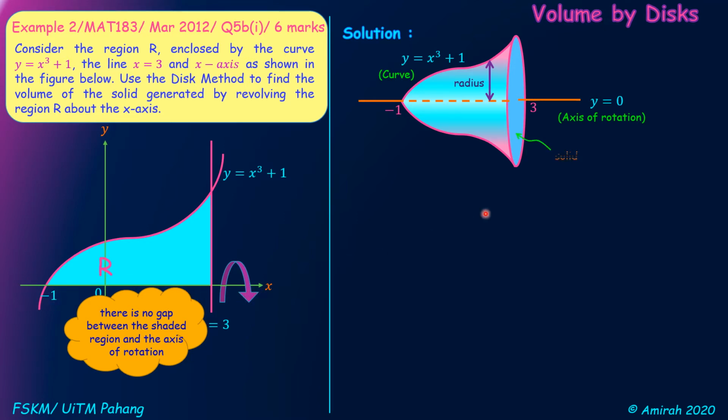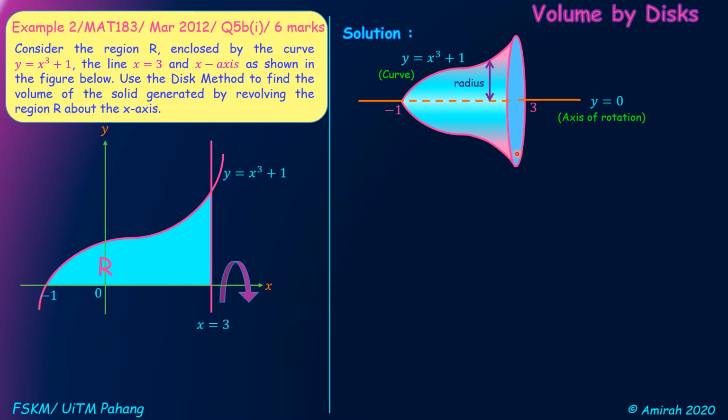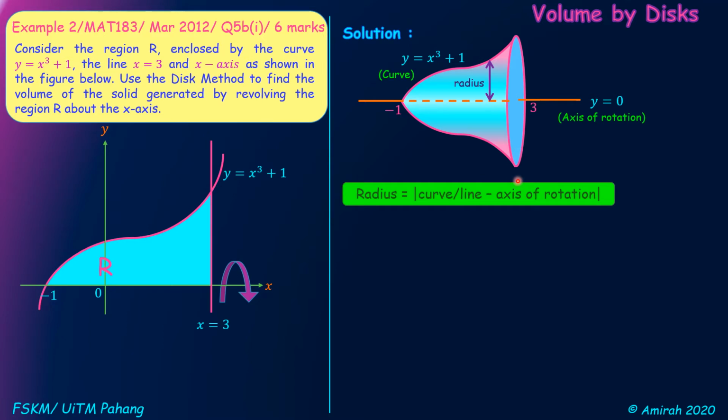So we write radius equals modulus of curve or line minus axis of rotation.